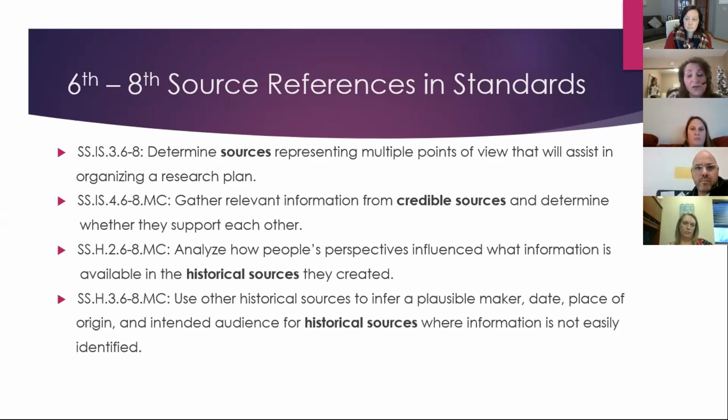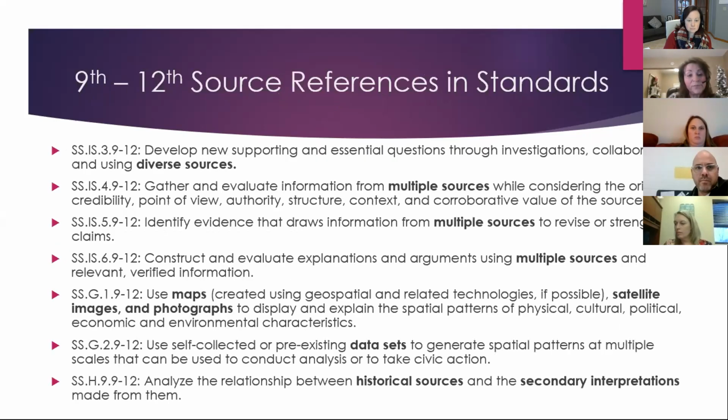I bolded where it talks about credible sources or the different sources that students need to be looking at. You can't look at multiple points of view if you're just looking at one textbook. 9th through 12th have a number of different standards that are highlighting looking at more than one source at a time.